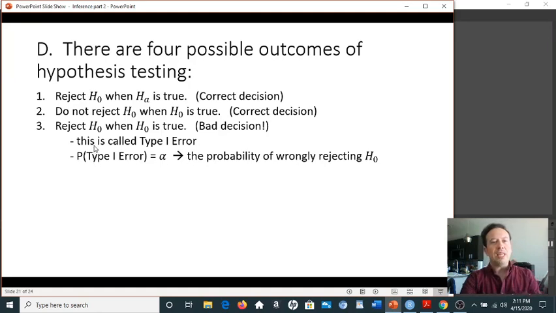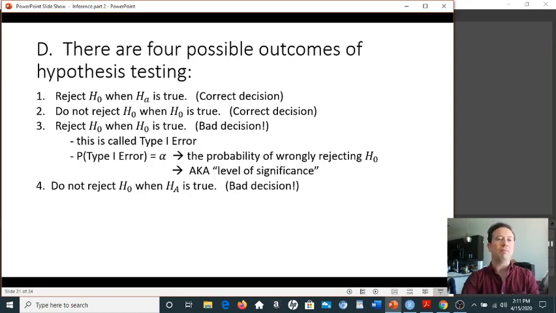Again, the probability of a type 1 error is the probability of wrongly rejecting the null hypothesis because it was actually true, but you didn't know it. Also in statistics, this alpha value, or this probability, is known as the level of significance.